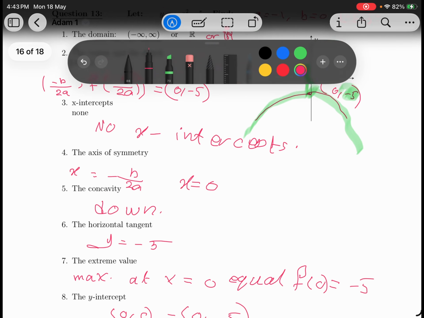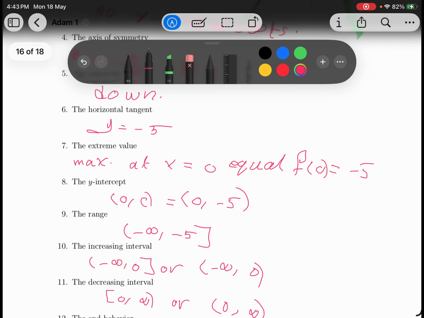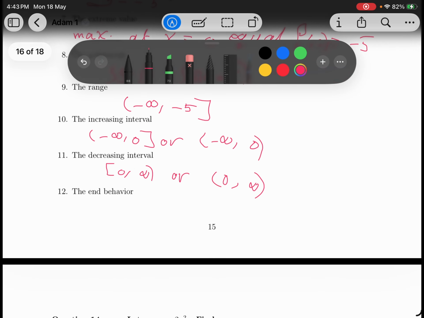And here the end behavior. We can see this parabola with two tails shooting down, going to minus infinity. I will write this using limit expressions. The limit of f of x as x goes to infinity equals minus infinity, and likewise the limit of f of x as x goes to minus infinity equals minus infinity as well.